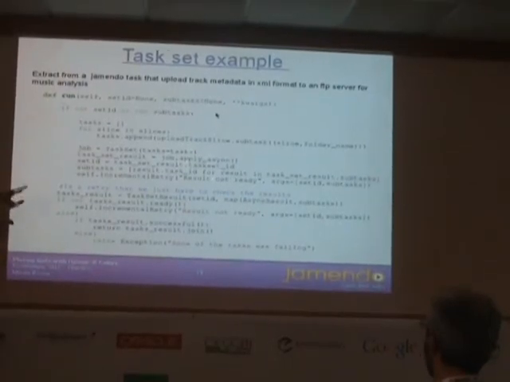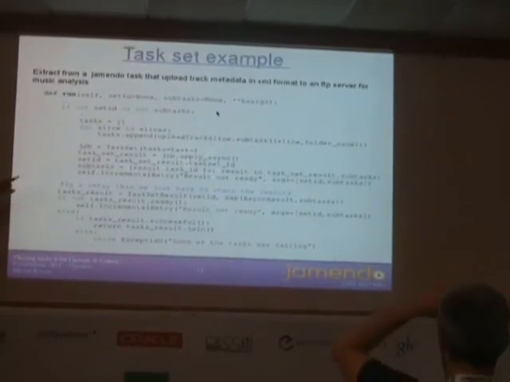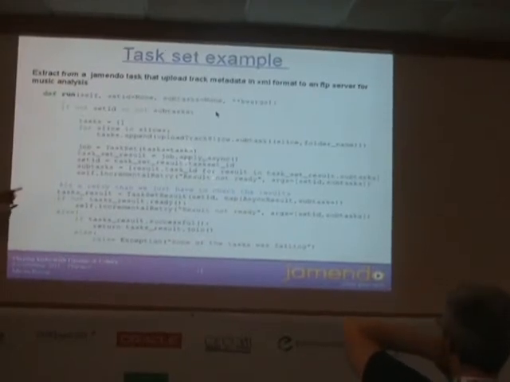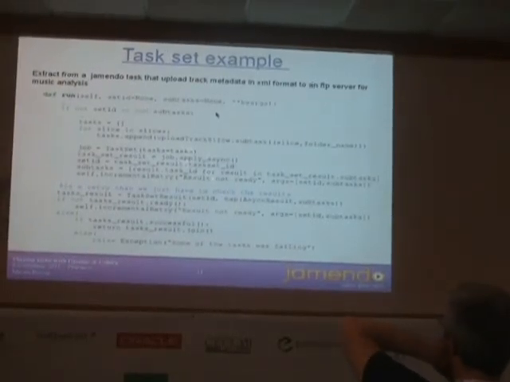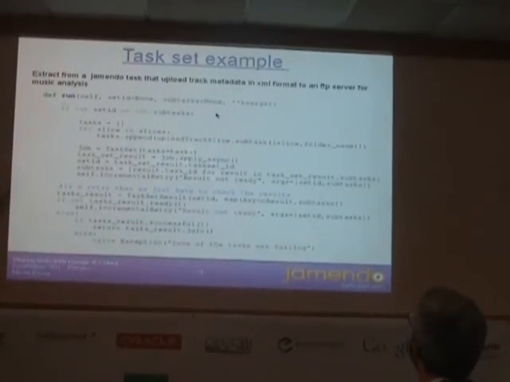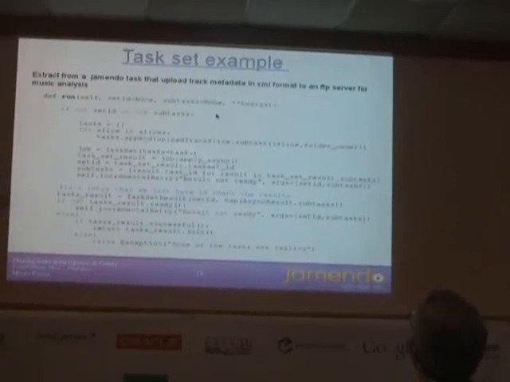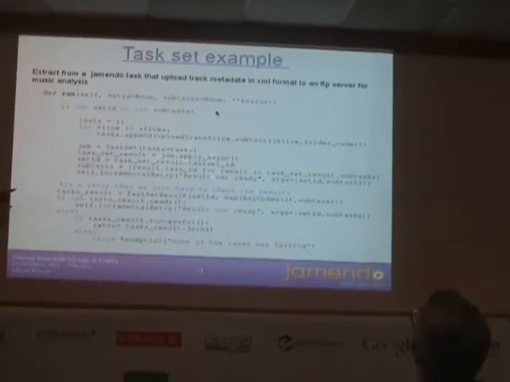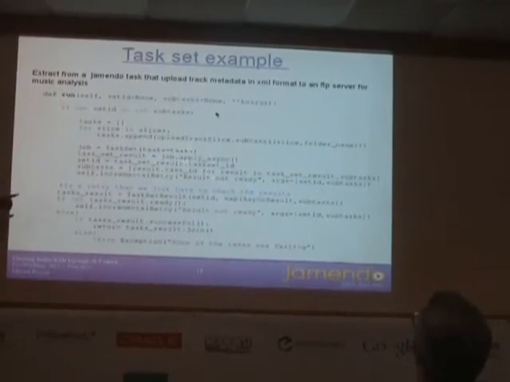You just define a set of tasks by passing them the subtask parameter, as you can see. You define a list of tasks, and for each slice, in my case a slice is just a list of IDs. Each slice contains 1,000 songs, and you append to this list of tasks a subtask of Celery.